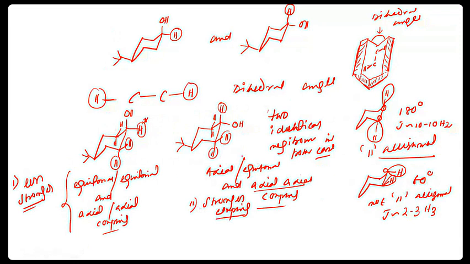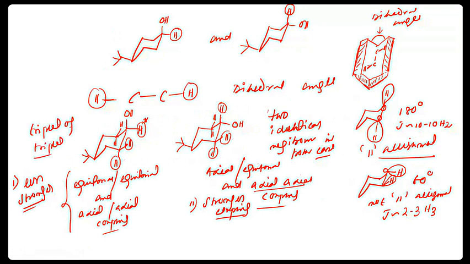Then what type of splitting will happen? One thing we decide, this coupling is stronger here, this is lesser here. Basically, this will be coupled by a CH2 triplet, and again each is going to couple in a triplet manner. So this is a triplet of triplets.